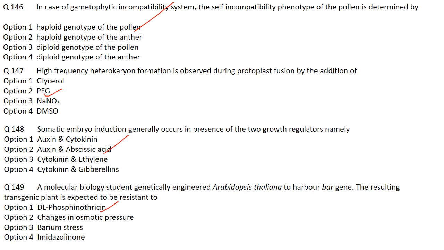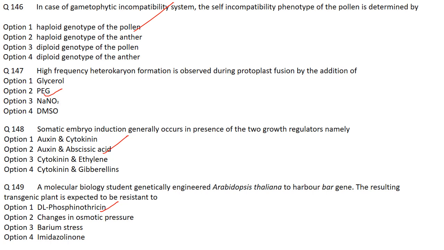And self-incompatibility system falls into two major classes, that is gametophytic self-incompatibility, in which the phenotype of the pollen is determined by its own haploid genotype, and then comes the sporophytic self-incompatibility, in which the pollen phenotype is determined by the diploid genotype of the parent plant. So here they have asked for gametophytic incompatibility system. So it is haploid genotype of the pollen.